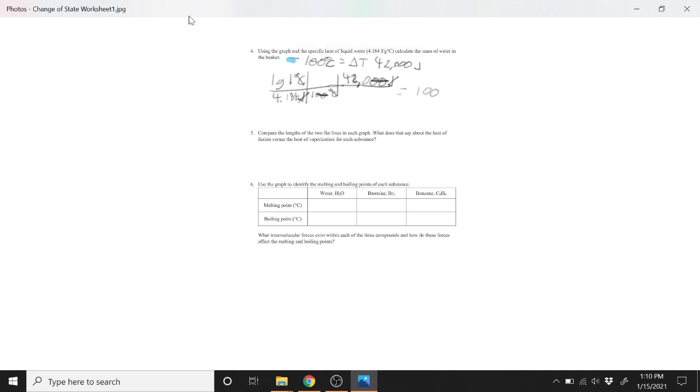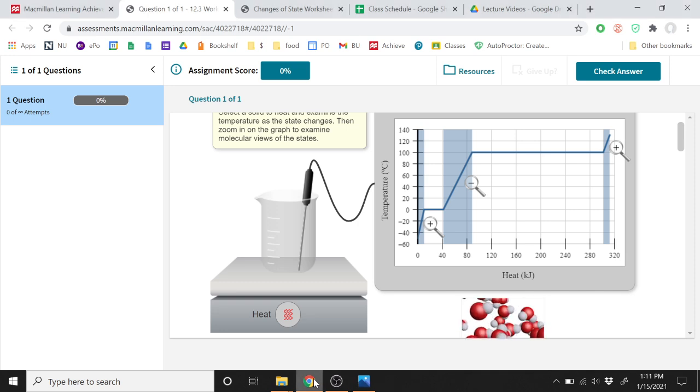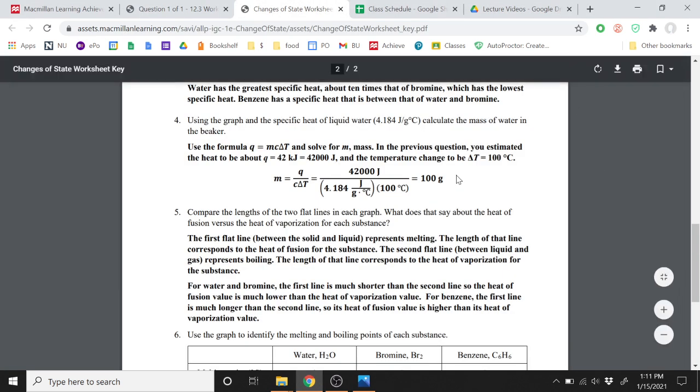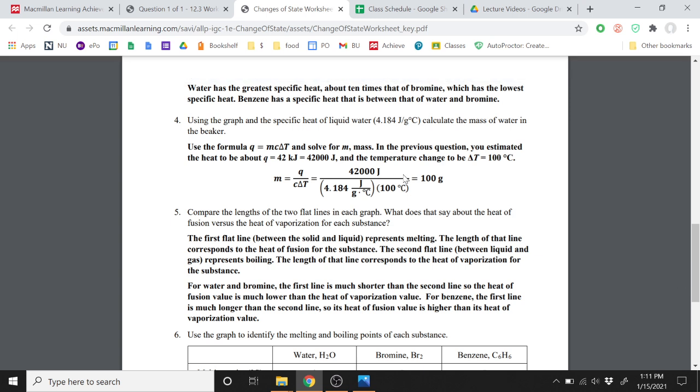So this is something like 100 grams, okay? And let me go ahead and I'll actually just probably use my answer key. You guys want to use your calculator to do the math, but my calculator is across the room. So I'm going to cheat a little bit. I'm going to use my 42,000 joules there, divided by that 420 that was remaining, divide by 4.184, and you get about 100 grams. Close enough.